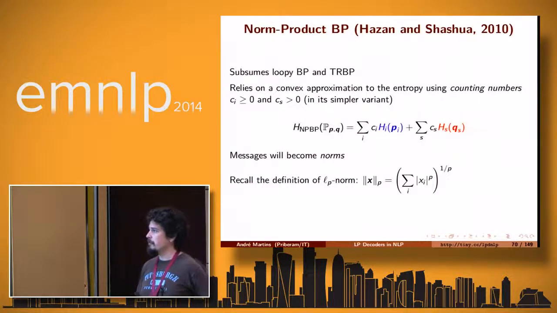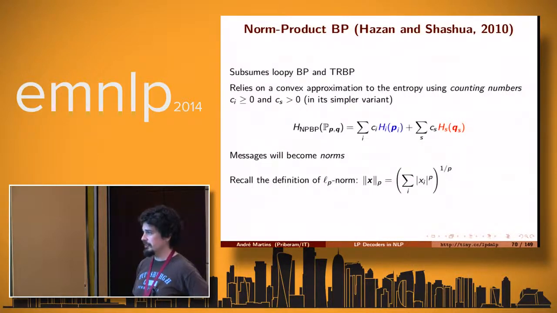If these two numbers are non-negative, because each of these entropies is concave, then this is also going to be a concave approximation. And now what we are going to see is that the messages that come out from this approximation are going to become norms. This is the reason why it is called norm product BP. This is just a recapitulation of what a norm is.